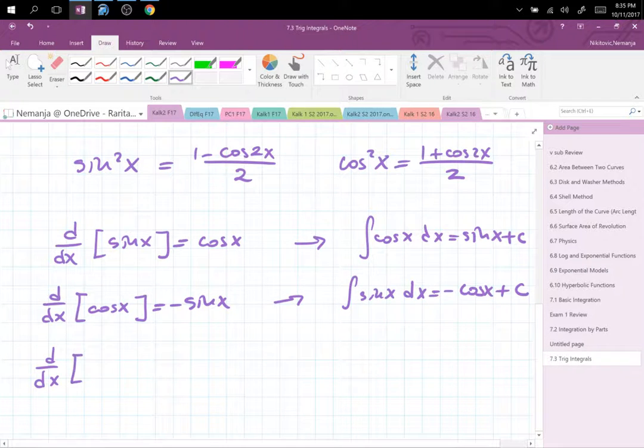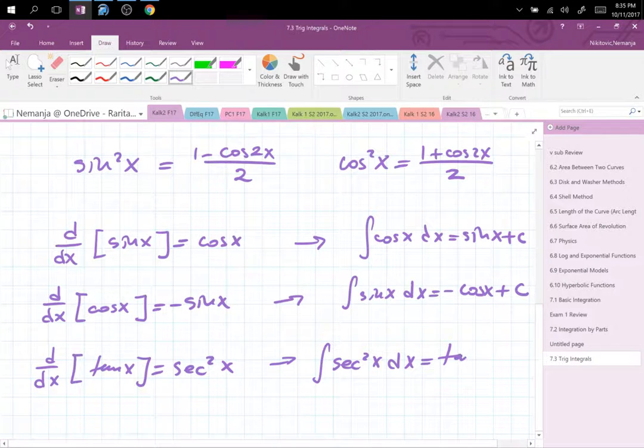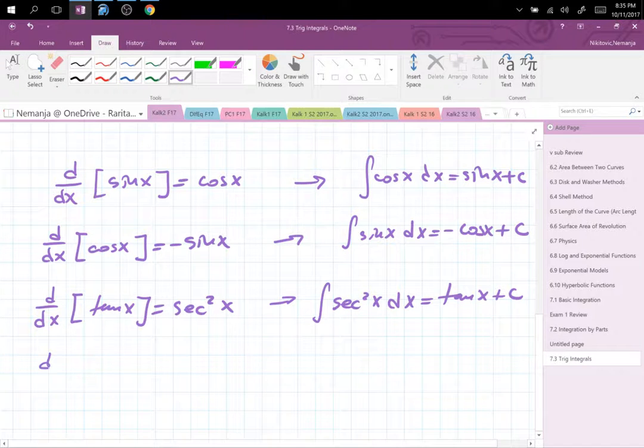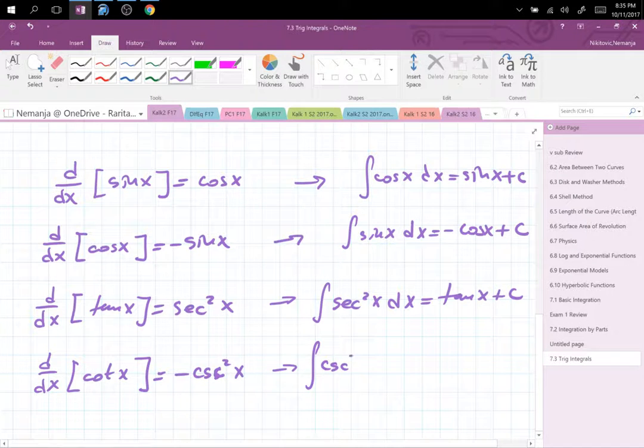The derivative of tangent x is secant squared x, which means that the integral of secant squared x dx is tangent x plus c. The derivative of cotangent x is negative cosecant squared x, which means that the integral of cosecant squared x dx is equal to negative cotangent x plus c.